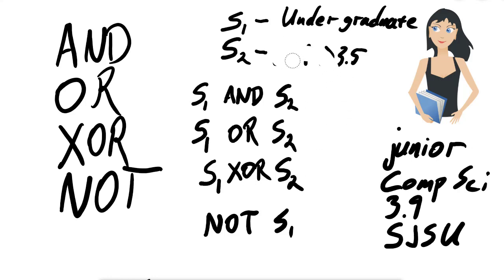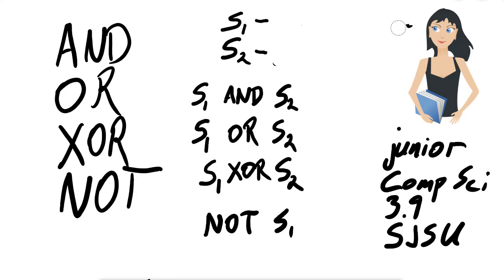Okay, so let's look at one more case here. So let's say the requirements, S1 is a sophomore. And S2 is a history major.